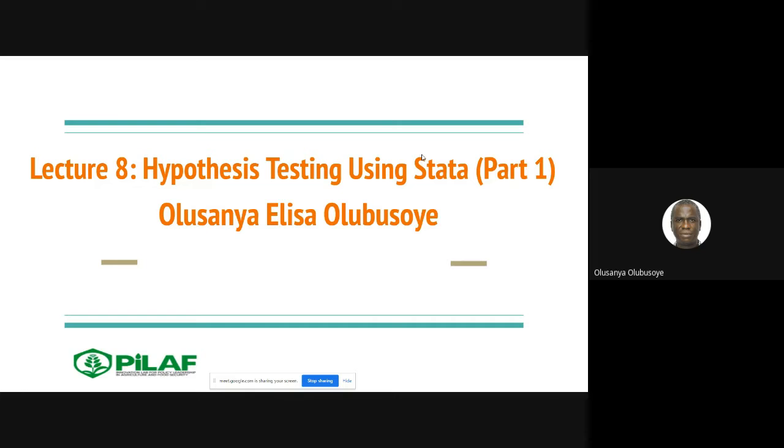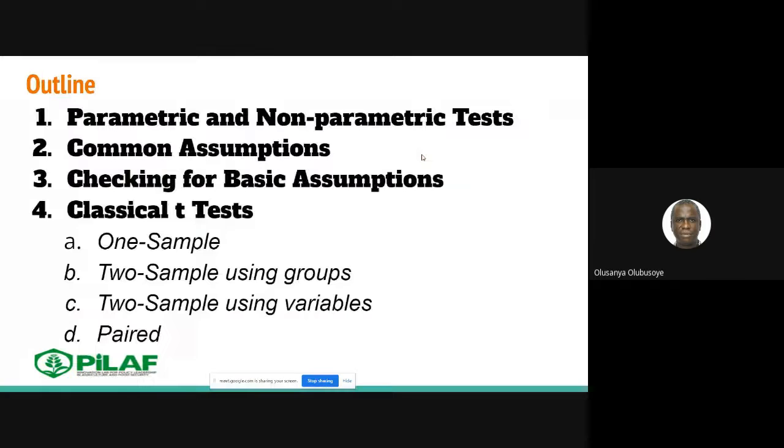The process of making a claim and then testing whether this claim is true, or to a large extent whether this reflects the situation in the population of interest, is essentially what hypothesis testing is all about.